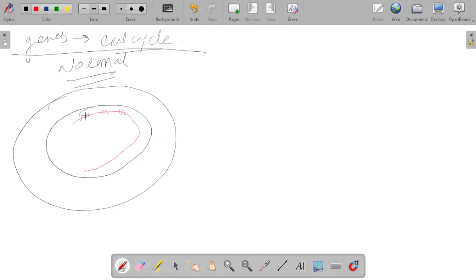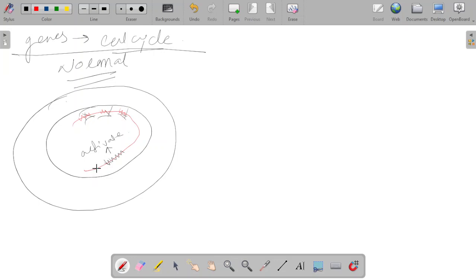Whenever the DNA is damaged in a normal cell, another group of genes will activate. And what will they do? They will open a toolbox and repair these genes.